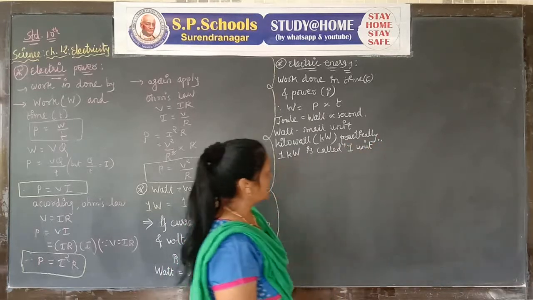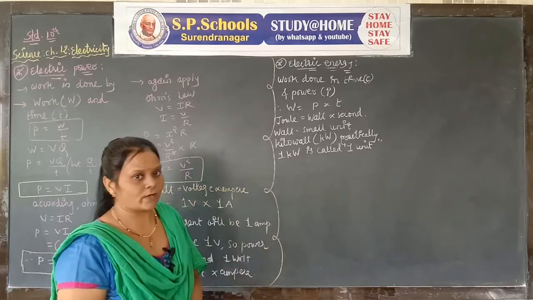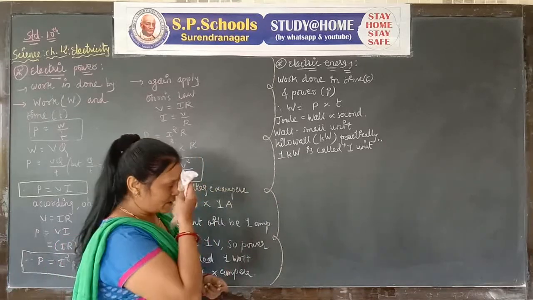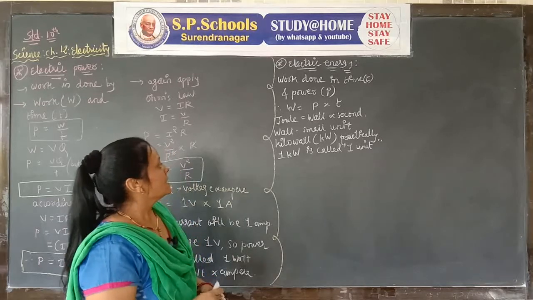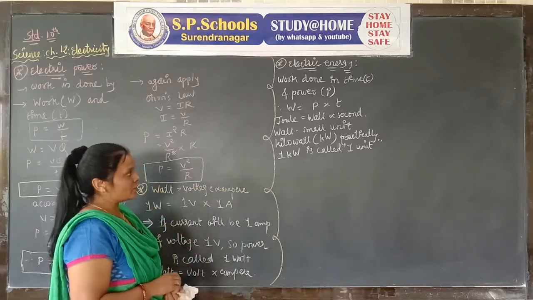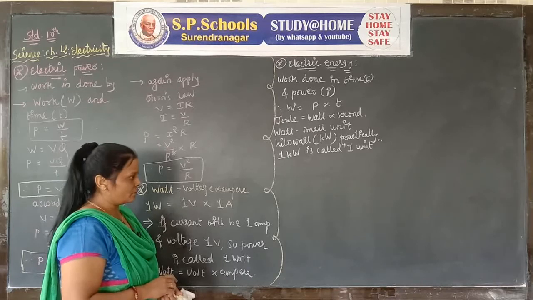When we notice our light bills, they are given in units. So 1 kilowatt is called 1 unit.